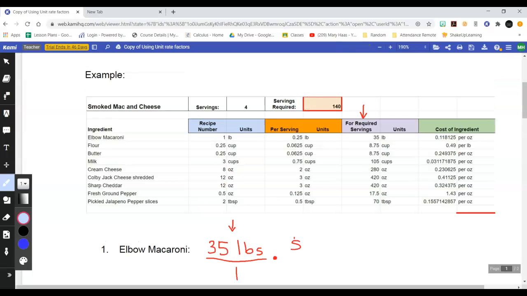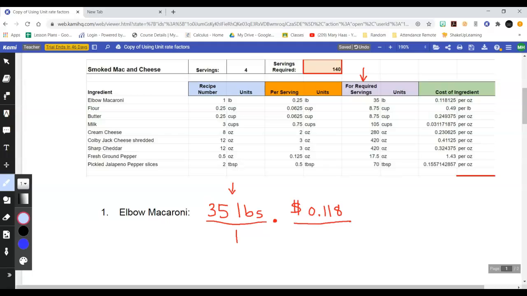So in this case, and always for this fraction, I want you to put the dollar sign to show that it's money. And so it was 0.118, and I'm just going to round to 3 decimal places. When you do this on the computer, you won't have to worry about rounding because you're just going to point to that in your formula. But anyway, for these pencil and paper practice problems, you're going to round it.